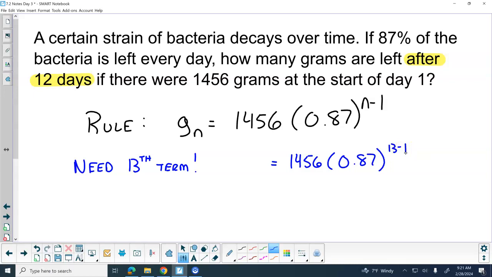What do you got? $273.77 or 774. Yeah, well, it depends.